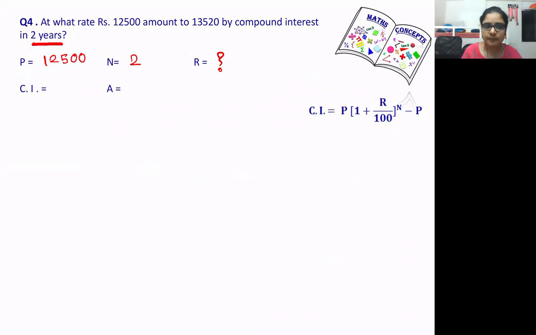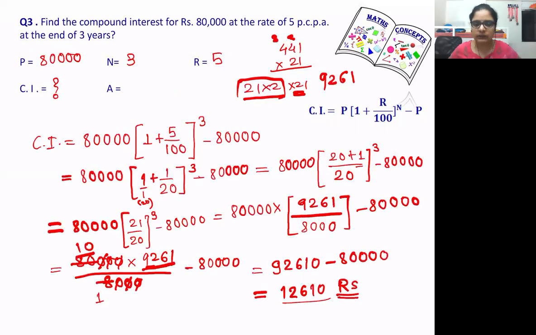Ma'am, in the last sum I was a little bit confused. Oh, this sum, the third one. Yes, here we have to find the compound interest. Okay, we simply put all the values in the formula, nothing else.